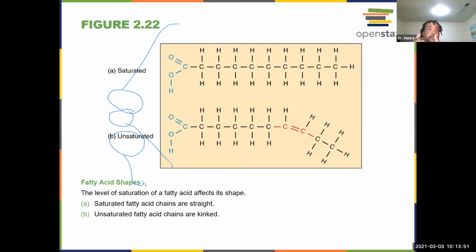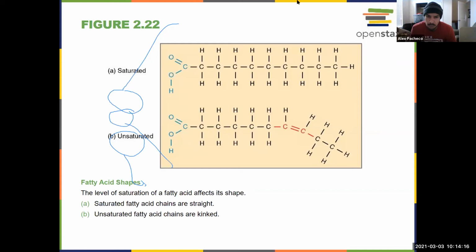If you have long chains, it's easier for them to interact, so you get clogs. The kink causes structural changes that make it easier to break up, whereas saturated fats are just layers of fat on top of fat that sit on top of each other. Does that make sense?